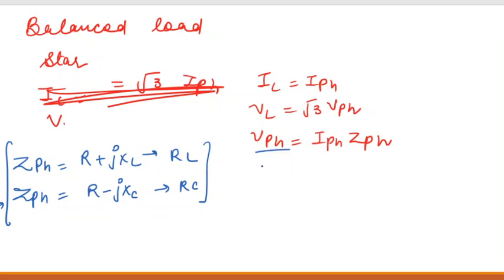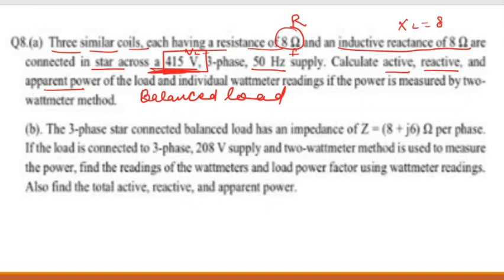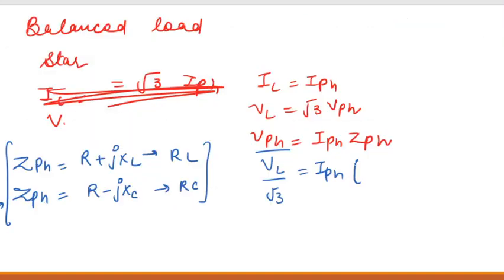So VPH is how much? That is VL by root 3. IPH we need to calculate, and ZPH they have given as 8 plus J8. Line voltage is given, that is 415 volt.